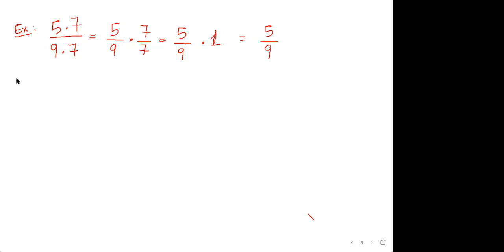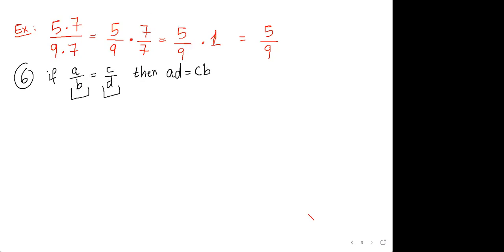So the last property, number 6. Suppose I have two fractions, a over b equal to c over d. If both fractions are equal, this means a times d is equal to c times b.